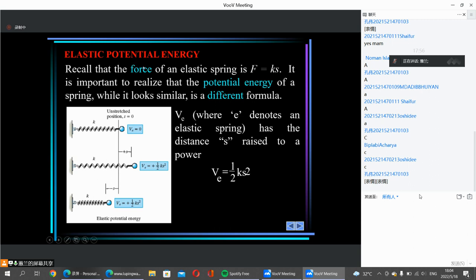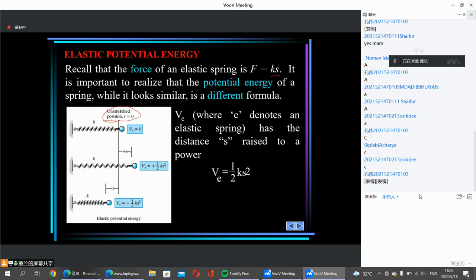For spring force, for the linear spring force, the force is equal to Ks. K is the stiffness coefficient. S is the displacement referred to the unstretched position. Again, here we need to pay attention: S is measured from the unstretched position.